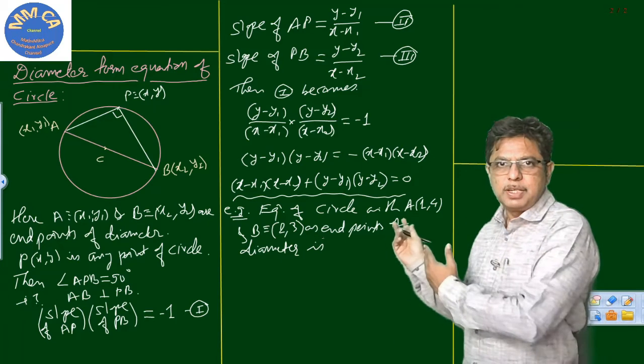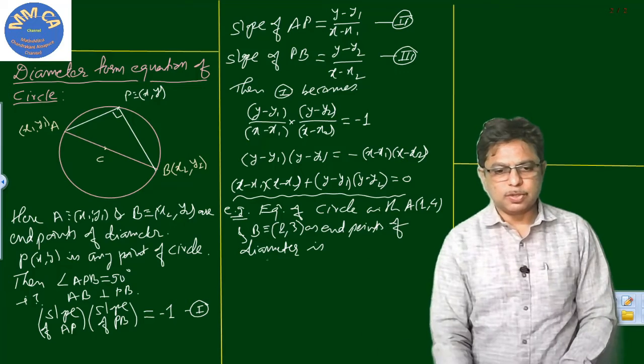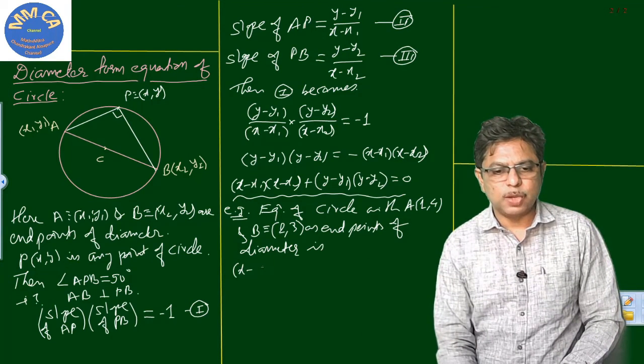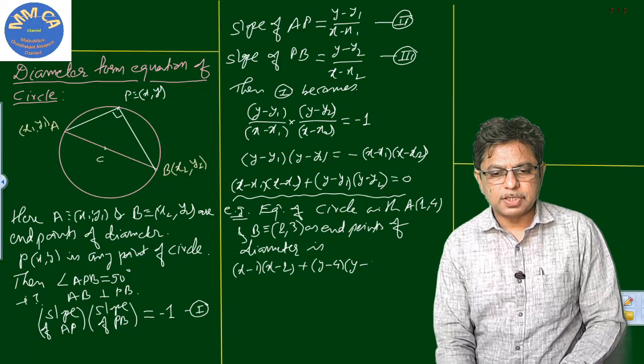Now just replace x1, y1 by 1, 4 and x2, y2 by 2, 3. So we'll get (x minus 1) into (x minus 2) plus (y minus 4) into (y minus 3) is equal to 0.